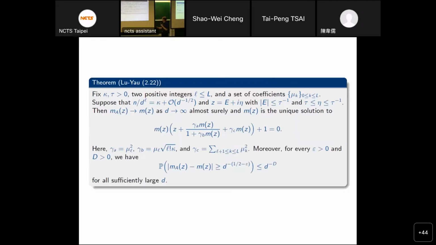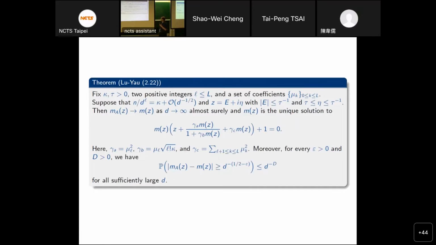In terms of the probability statement, we also have that this measure M_A converges to M_Z, with a high probability estimate of this form. Don't worry too much about this exponent.